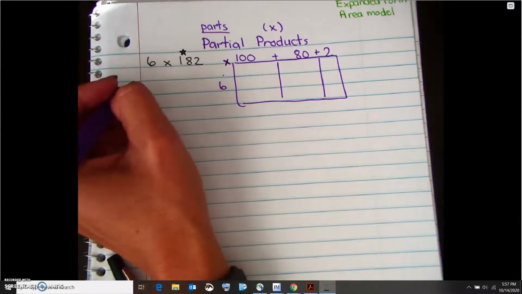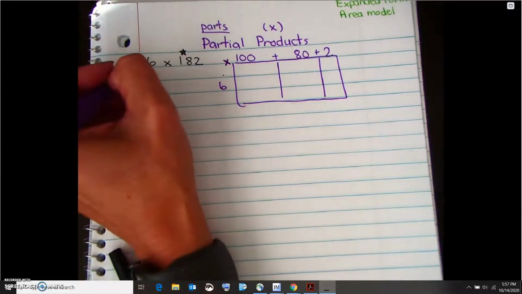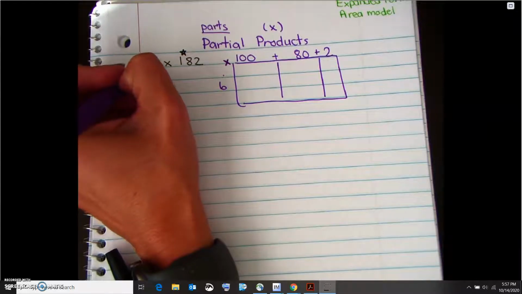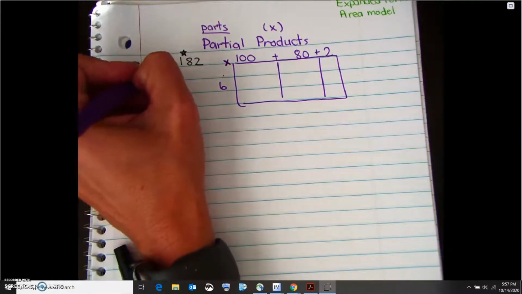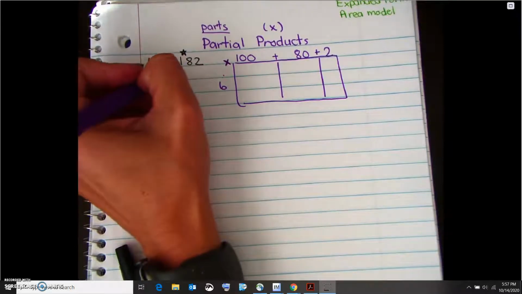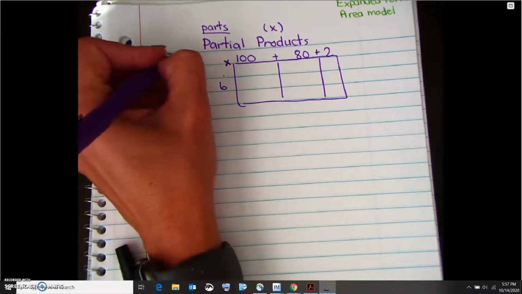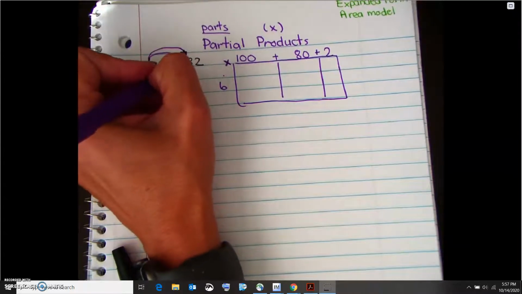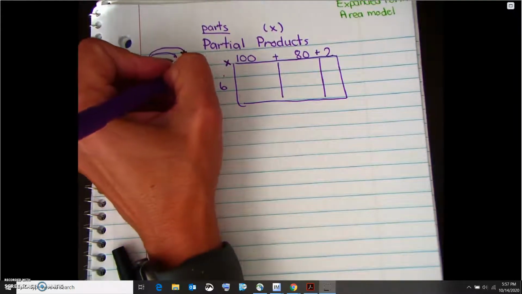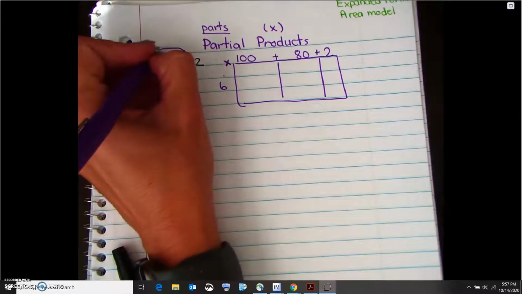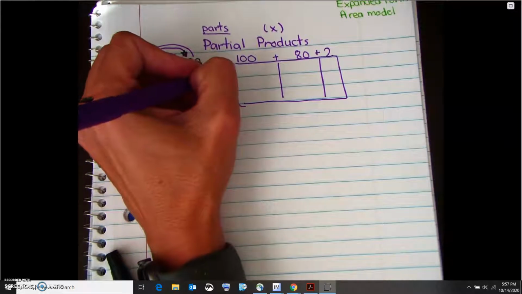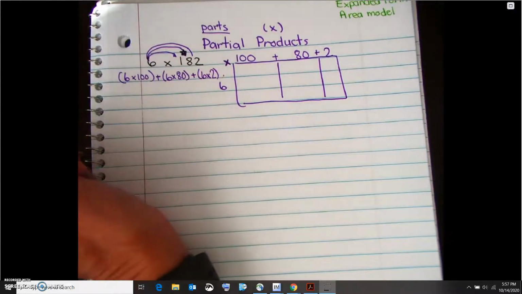Okay, and then let's show what it looks like for expanded. So expanded, it would be 6 times 100 plus, so we did 6 times 100. Now we're doing 6 times 80, and then we're doing 6 times 2.